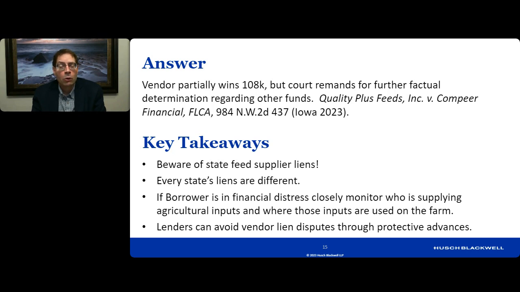There is no one-size-fits-all format for these liens. They really vary quite a bit state to state, even neighboring states like Missouri and Iowa. They are neighbors, but the ag lien laws are very different. And Iowa has very robust lien laws for suppliers, okay?